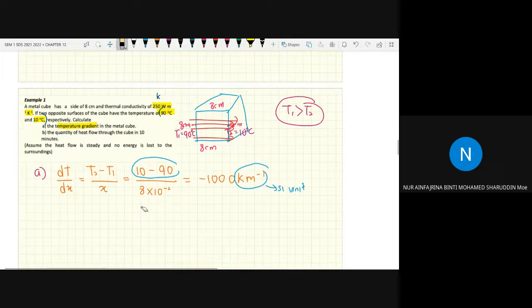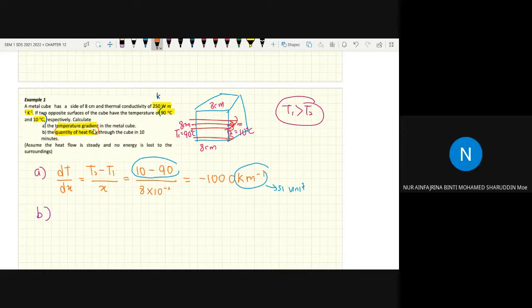Alright, next one, dia kata quantity of heat flow. So, bila dia cakap quantity of heat flow, dia minta apa? Anyone? Quantity of heat flow. Dia minta apa sebenarnya? Rate of heat flow.